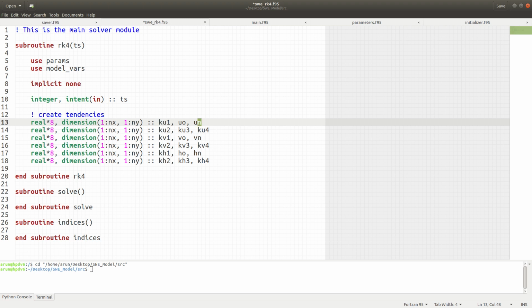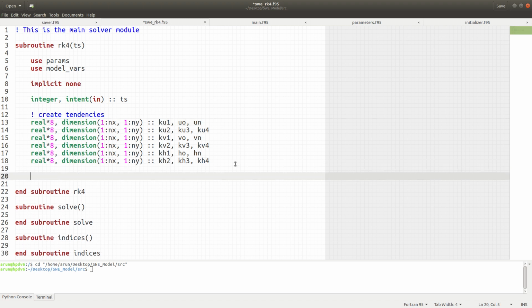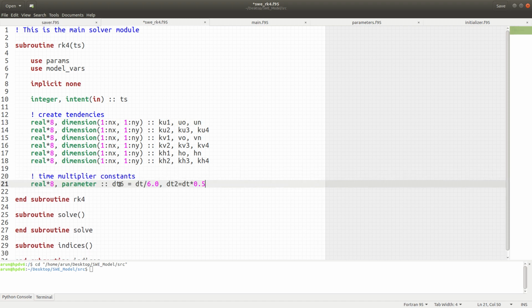Alright, and then we need some time multipliers for the Runge-Kutta scheme. I'm going to define them as parameters. First parameter is dt6, which is going to be 1/6 of the time step. The other one is half the time step, which is dt2.